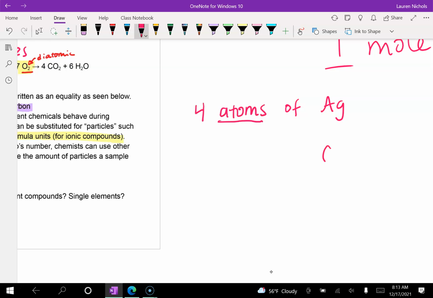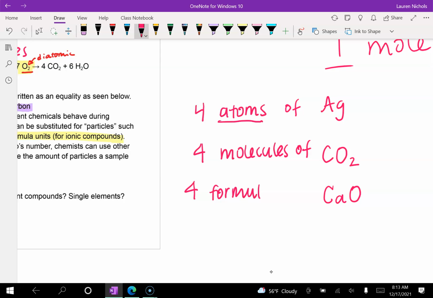But if I'm talking about a covalent compound like carbon dioxide, and we know it's covalent because it has only nonmetals, then I might say 4 molecules of carbon dioxide. But if I was talking about something like calcium oxide, which has a metal and a nonmetal, then I would say that I had 4 formula units of calcium oxide.